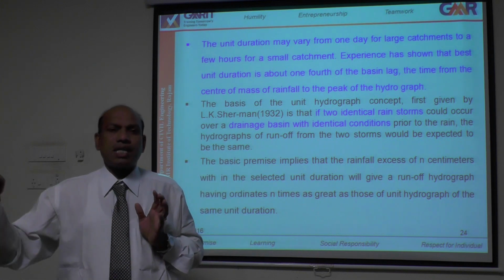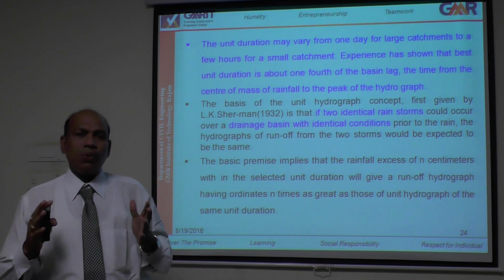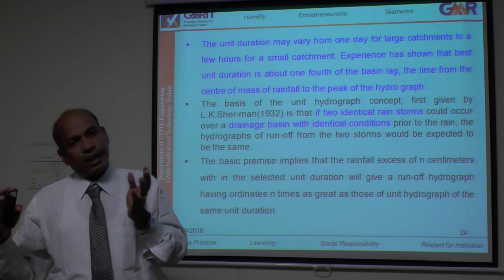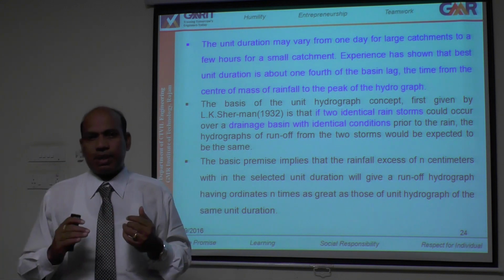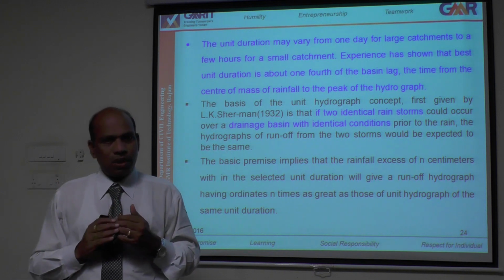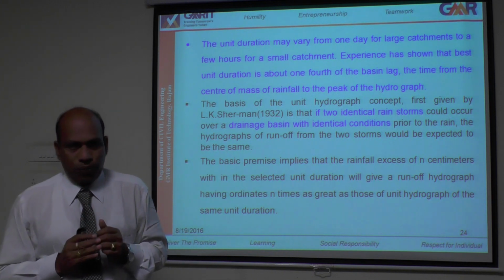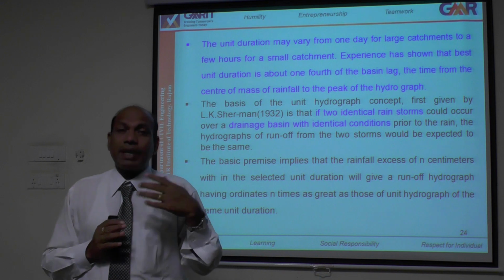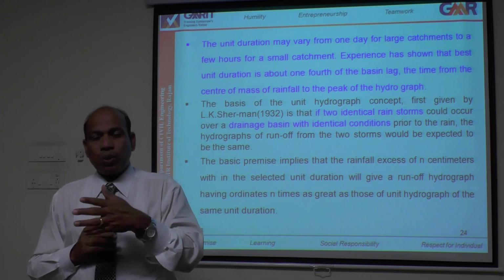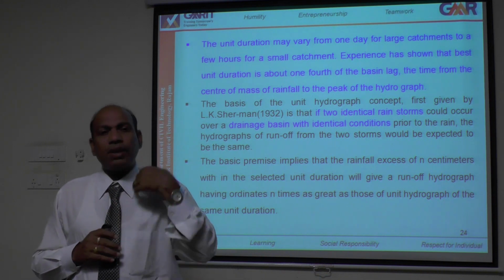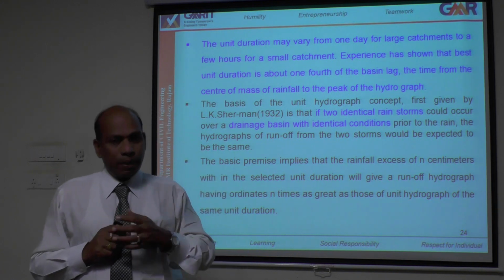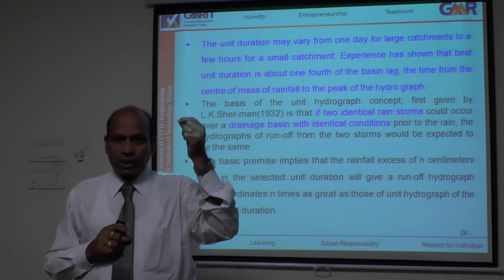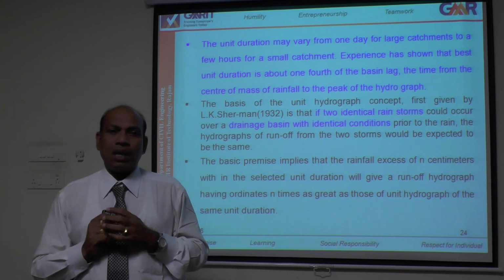For large catchment areas, generally the unit duration may be taken as days, and a few hours in case of small catchments, but this is variable. From the calculation point of view, the unit duration may be taken with respect to basin lag. I already told you what basin lag is: the duration between the centroid of the effective rainfall and the peak of the hydrograph.